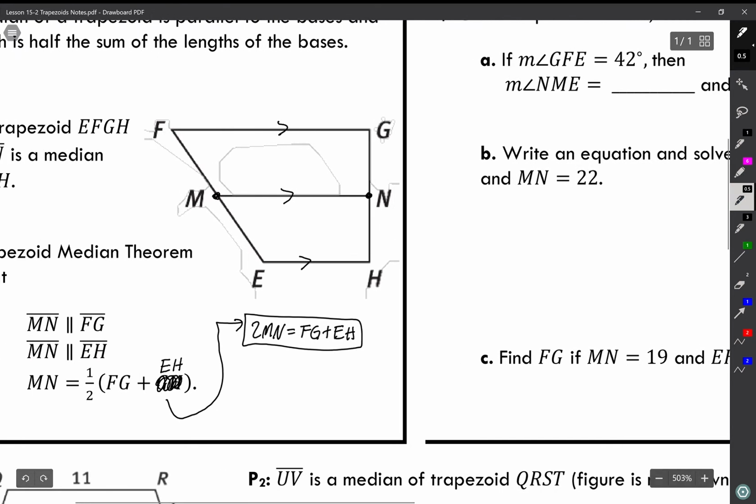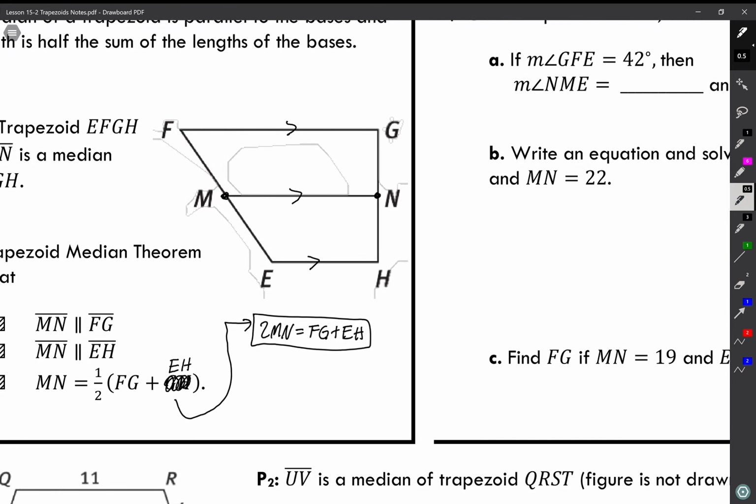So essentially what I'm saying is that if I know the lengths of the two bases, say this is 12 and this is 4, to get my median, I can do 12 plus 4, which will give me 16, and then just divide that by 2, and that'll give you your median, which is 8.